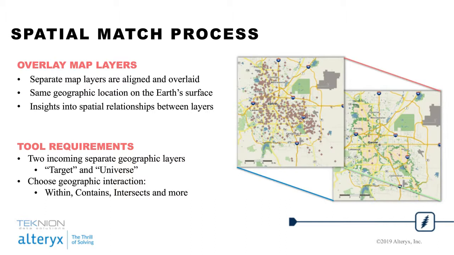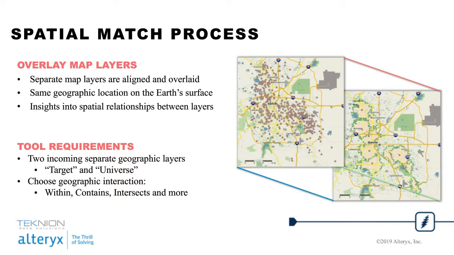These must be aligned and overlaid in the same geographic location on the Earth's surface. You're basically doing a three-dimensional overlay, looking at where these two map layers intersect and how they intersect through space upwards vertically. So where do those customers overlay onto those trade areas for those stores, for example? Performing this overlay or spatial match process really gives you insights into the spatial relationships between these layers.